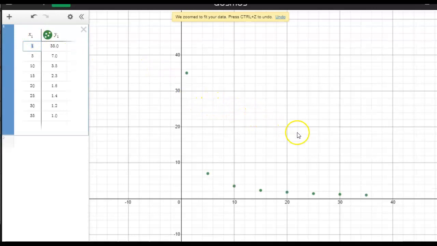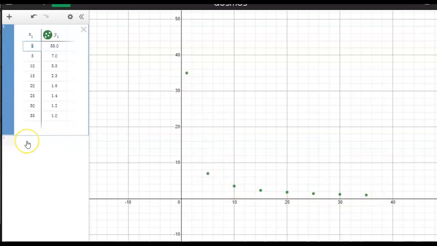This is a very different looking graph. We might want to actually get a couple more data points in here, but maybe not. Let's see. So what does this look like? What shape does this set of dots look like it's making? Any thoughts? Well, it looks to me like it's a hyperbolic curve.